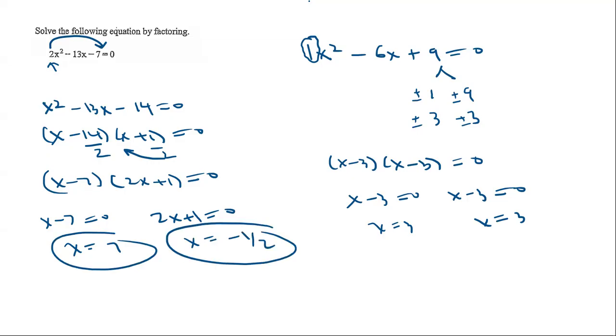These will be my answers for this question. So again, when do you use the slide method? We use the slide method when the coefficient here is bigger than 1. Hopefully that helps.